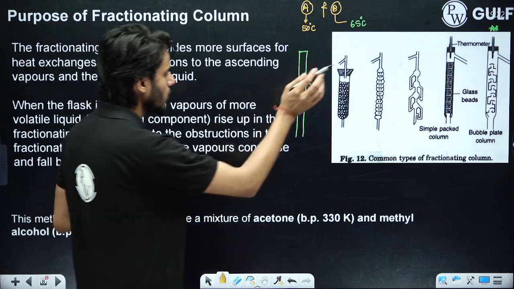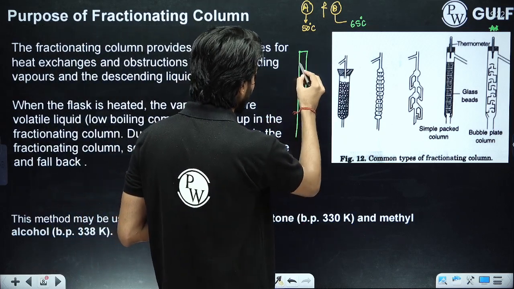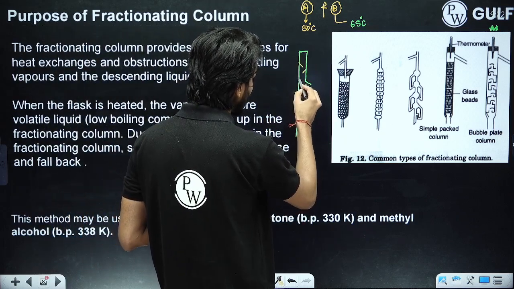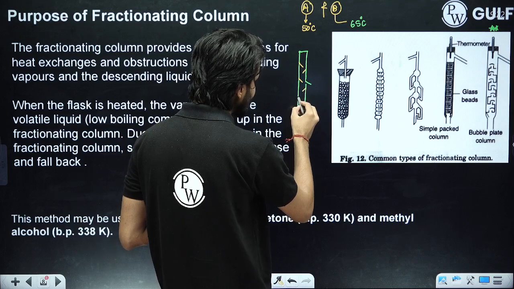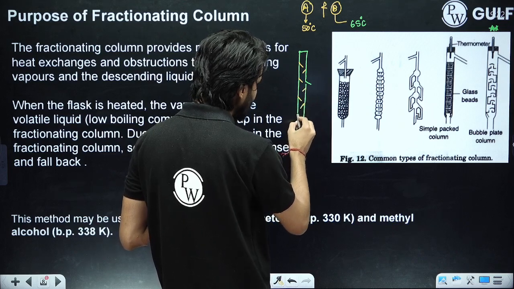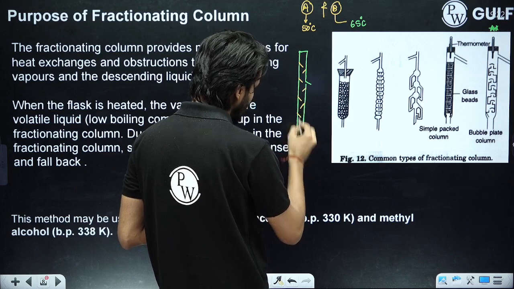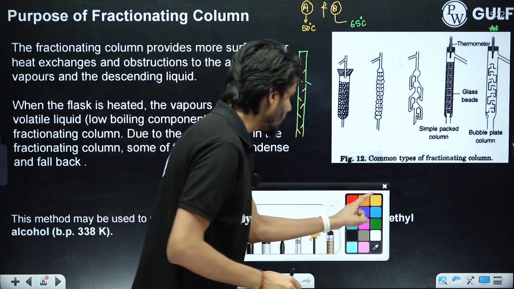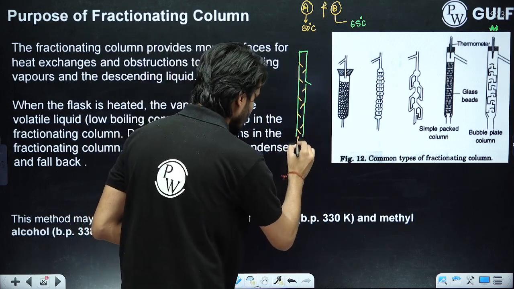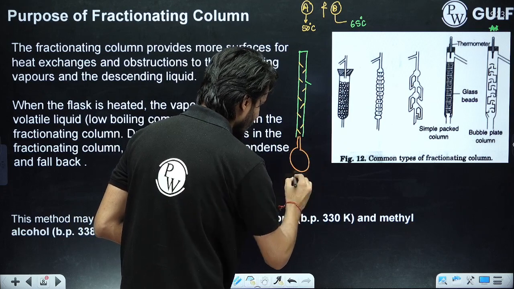Now let's look at what the fractioning column is. So what will happen in this fractioning column? You will add some obstacles in the path of the vapor phase of the miscible liquid. Now what will happen? You are giving a temperature from here.